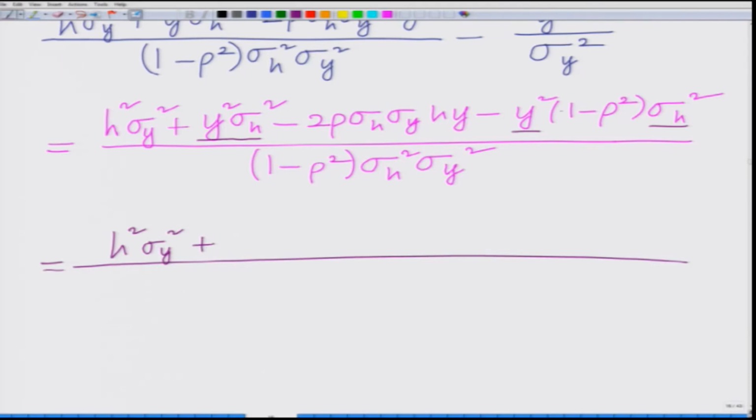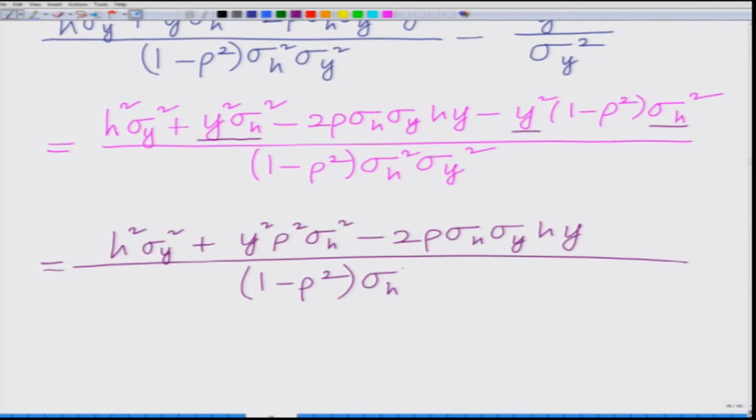What I am left with is y square rho square sigma h square, so I am left with h square sigma y square plus y square rho square sigma h square minus 2 rho sigma h sigma y h y, divided by 1 minus rho square sigma h square sigma y square.